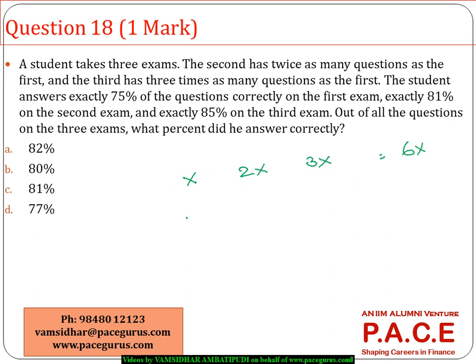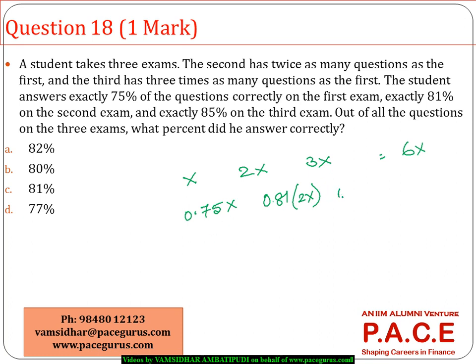The student answers exactly 75% of the questions correctly on the first exam. So probably 0.75x questions he has answered correctly. Exactly 81% on the second exam, which is 0.81 into 2x. Those many questions he has answered correctly.